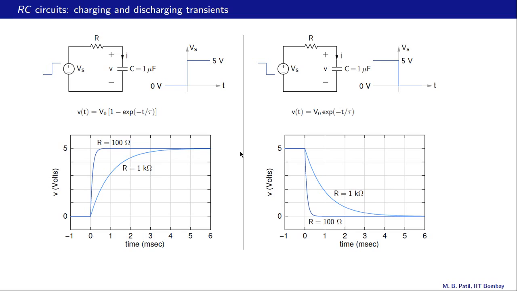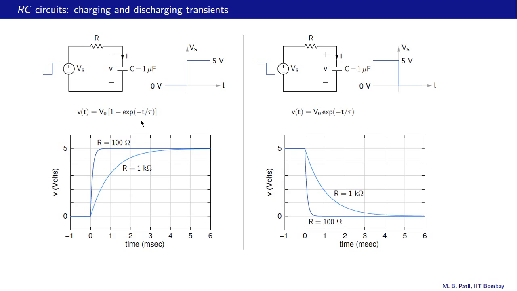Alright, now let us look at the second case, namely r equal to 100 ohms, that is 0.1 k. What is the time constant in this case? It is 0.1 k times 1 micro, that is 0.1 milliseconds. Now in this case we expect the transient to last for 5 times 0.1 milliseconds, that is 0.5 milliseconds.